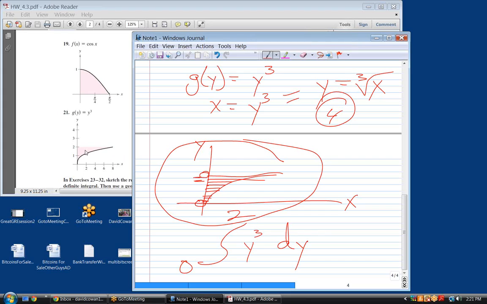All I have to do is figure out the area between this line and the y-axis. And I do that by integrating along y. And if I'm going to integrate along y, I need a function that's in y. Well, this is in y. In other words, I can say this is x equals y cubed.